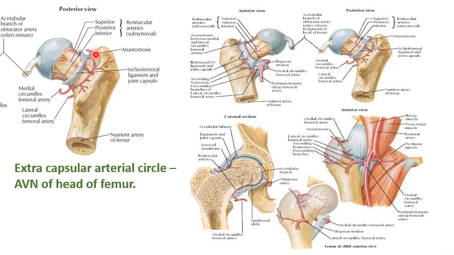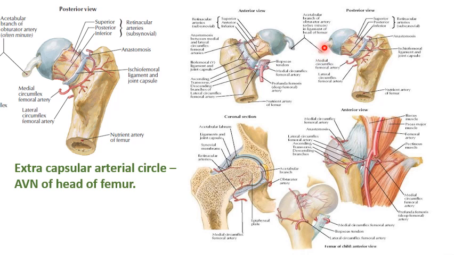From this extracapsular arterial circle, both the lateral circumflex femoral artery and the medial circumflex femoral artery give radiating arteries which pass into the capsule of the hip joint to supply the head and neck of the femur, anastomosing with the acetabular branch of the obturator artery, which passes through the ligament of head of the femur.